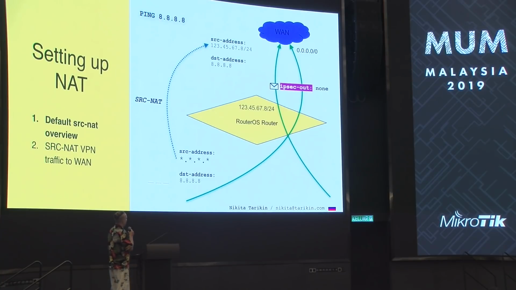So a very important thing, you must source NAT your traffic while it is unencrypted, before it goes out to the internet. So first you source NAT the packet, and then it encrypts and goes to the internet.